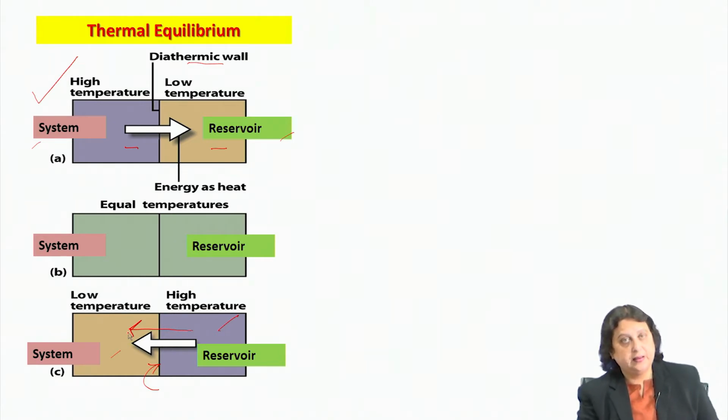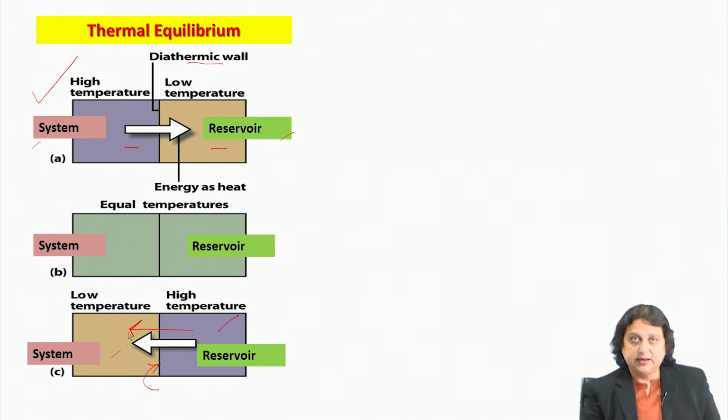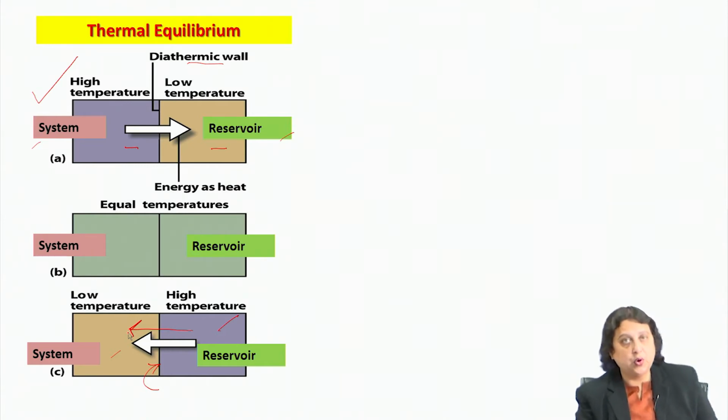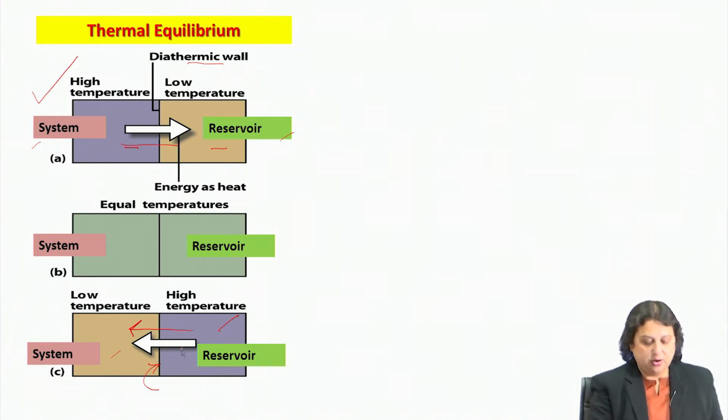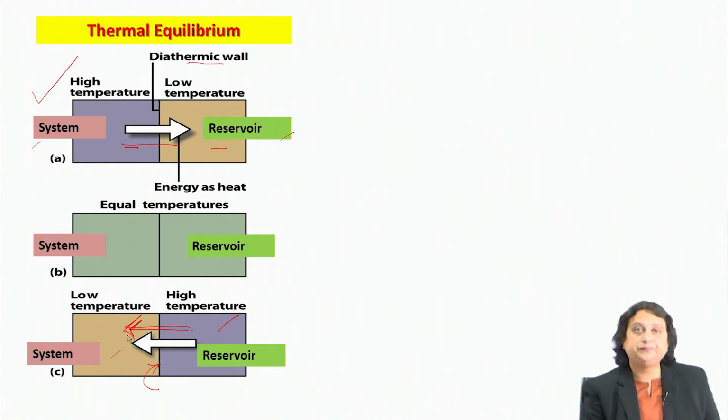Then the question is, what would be the final equilibrium state when we allow the flow of energy between the system and the reservoir either in this direction or in this direction?